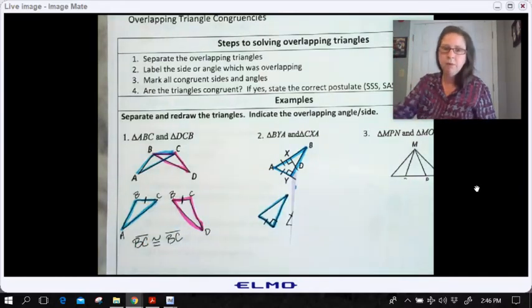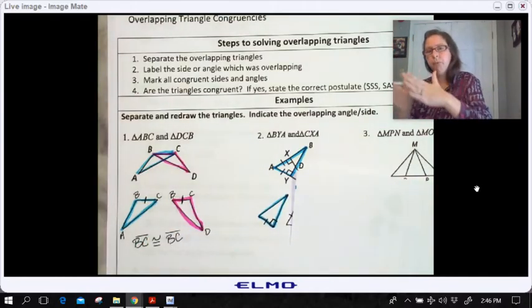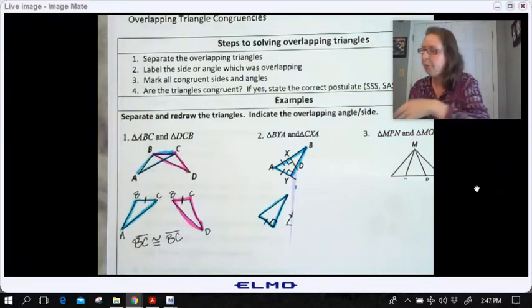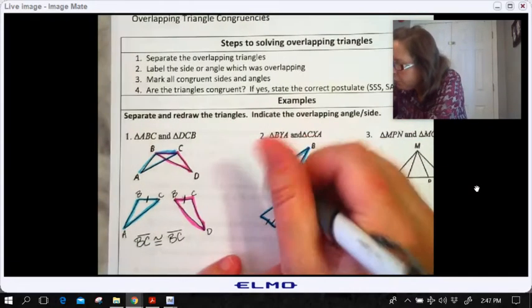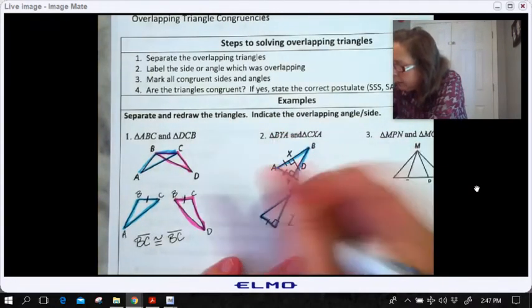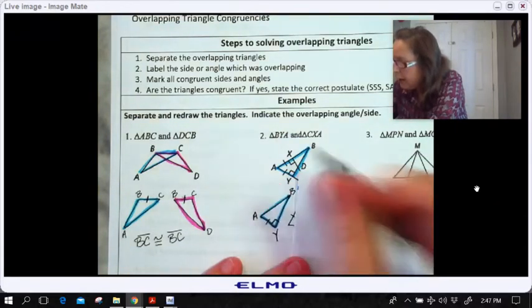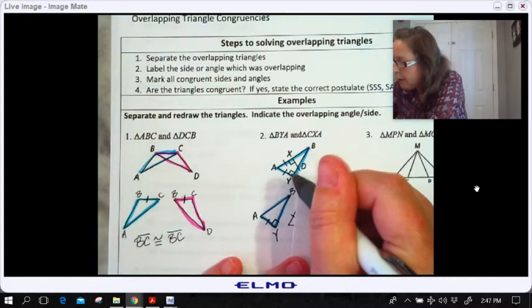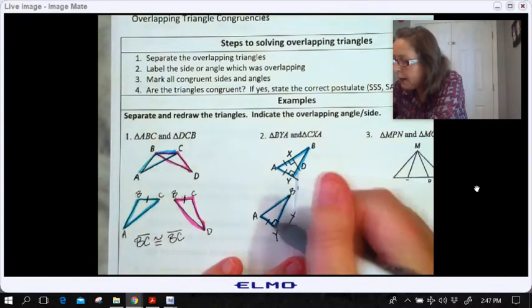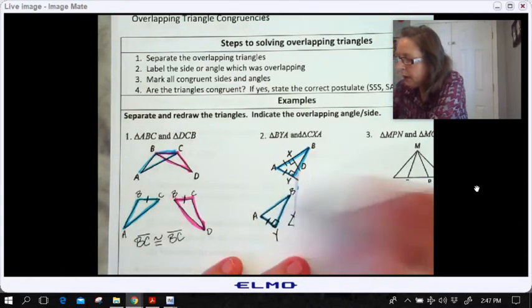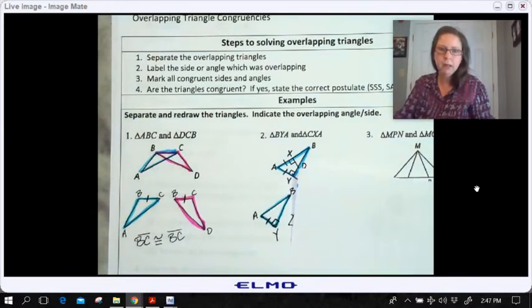I tried to make even the way that the triangle was slanted be the same. So this would be B, this would be A, and this would be Y. And then I went ahead and marked the right angle at Y and the line at AY. Okay.